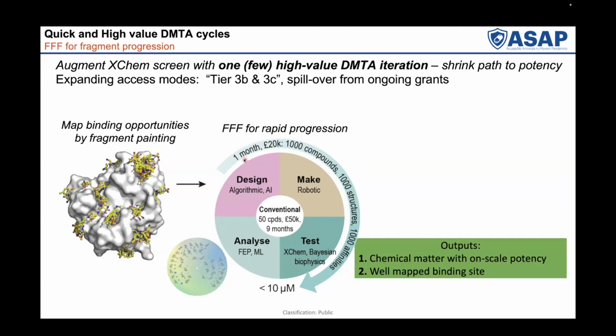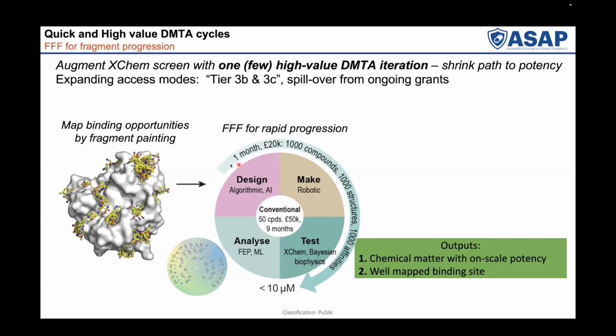And how we define that is, in the order of 1 to 3 months, a really very modest budget of around 20,000, and we aim to explore up to 1,000 plus compounds, get 1,000 structures and 1,000 affinity data points.